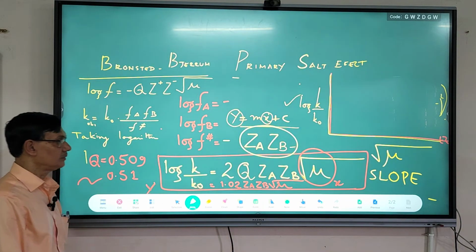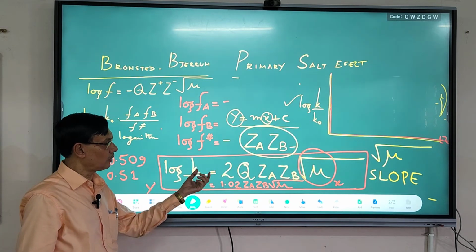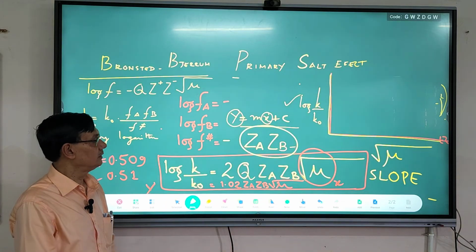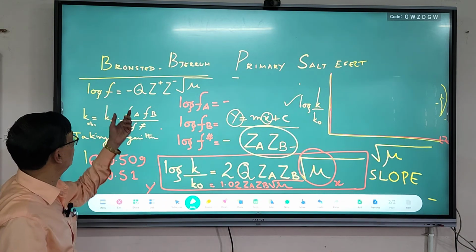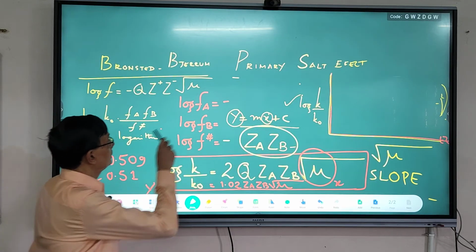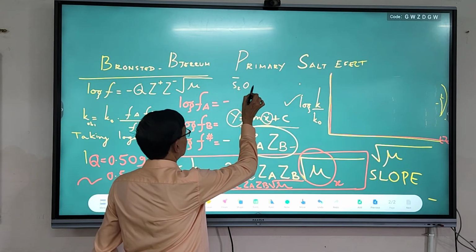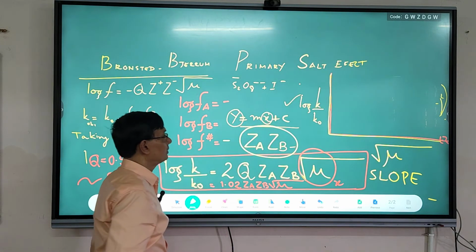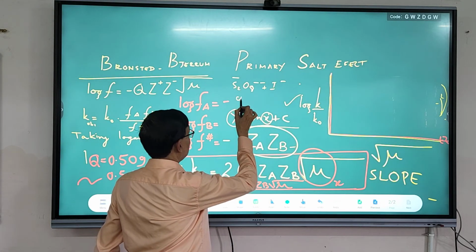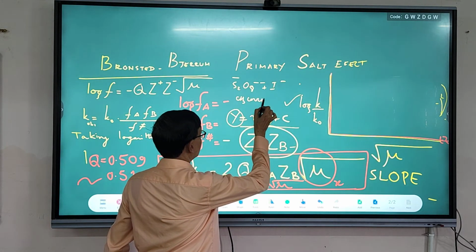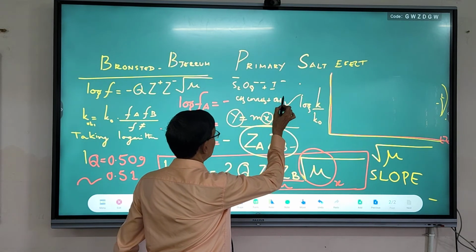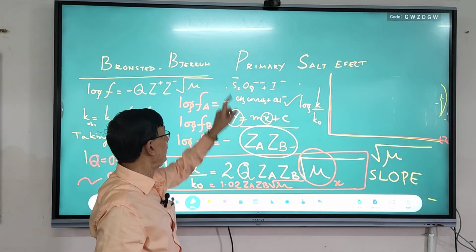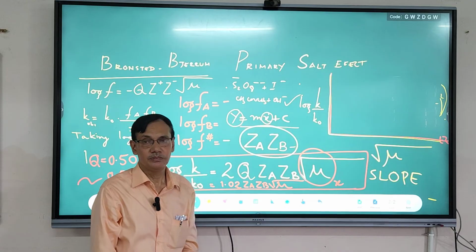Now how do we predict? This equation is called the Bronsted-Bjerrum equation. Suppose you are doing, again the same old example, the potassium persulfate and KI reaction, or the ethyl acetate and OH reaction. In case A, what would be the value of ZA and ZB?